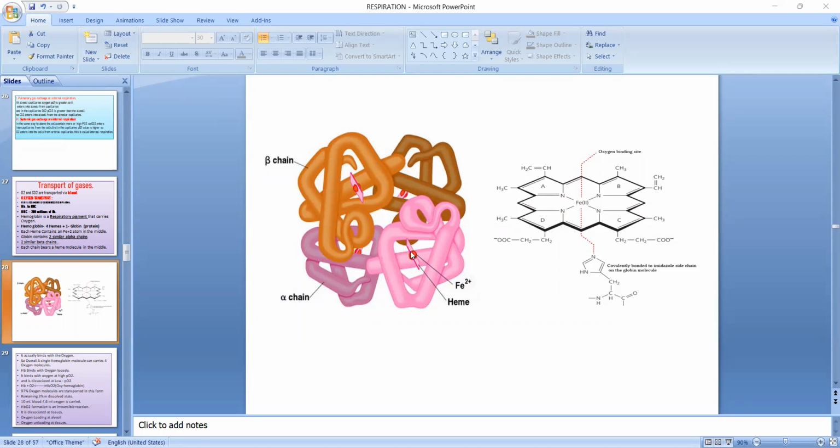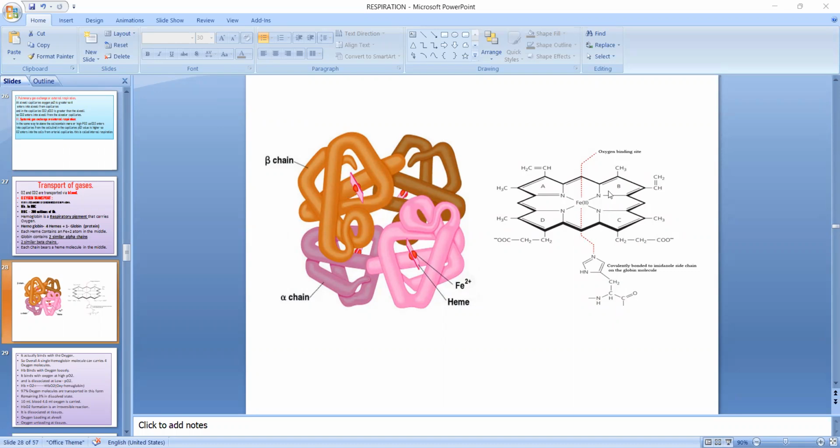So a hemoglobin contains a globin protein. Globin protein contains four polypeptide chains, two identical alpha, two identical beta. Each polypeptide chain contains a heme molecule.